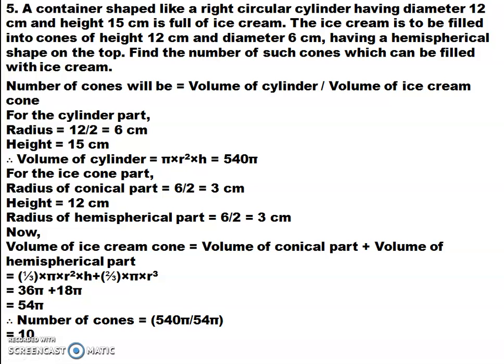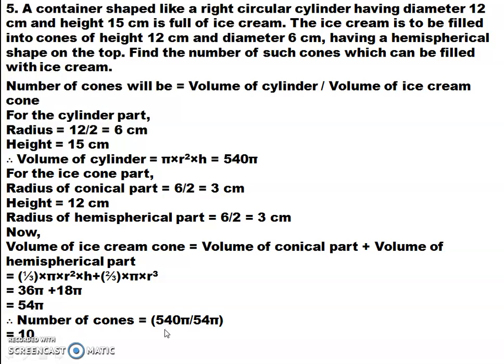That is 54 pi. So, what was the volume of the cylinder? Volume of the cylinder was 540 pi. Volume of the ice cream cone is 54 pi. If you want to get the number of small ice cream cones, you need to divide volume of the big shape by volume of the small shape.